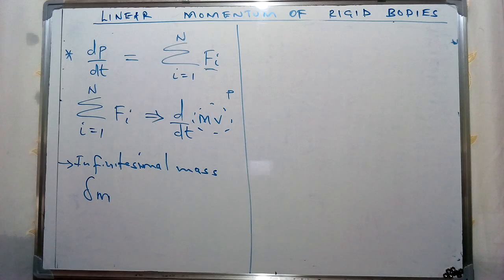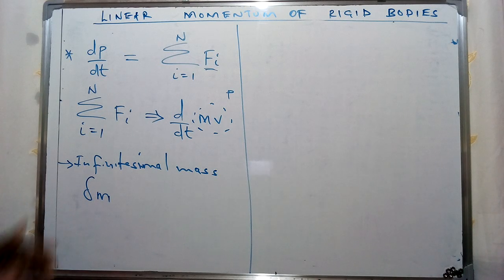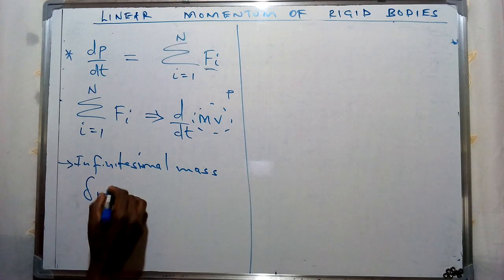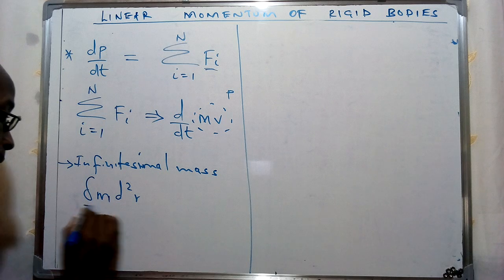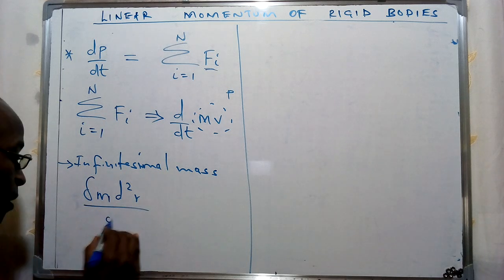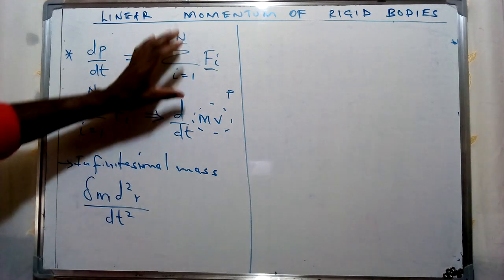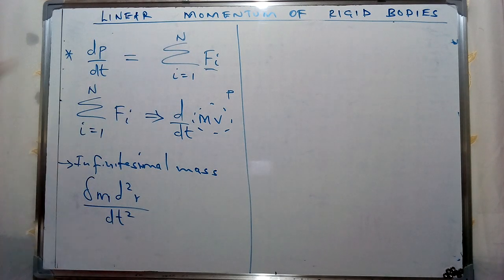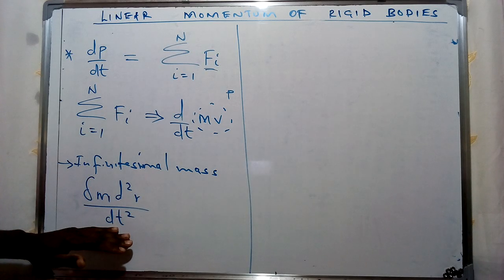So for us to find the representation of the forces involved, we're going to have this sigma m with the second derivative of the position vector. And of course, from the previous formula which I had given for linear momentum, we're going to derive meaning from this specific representation.